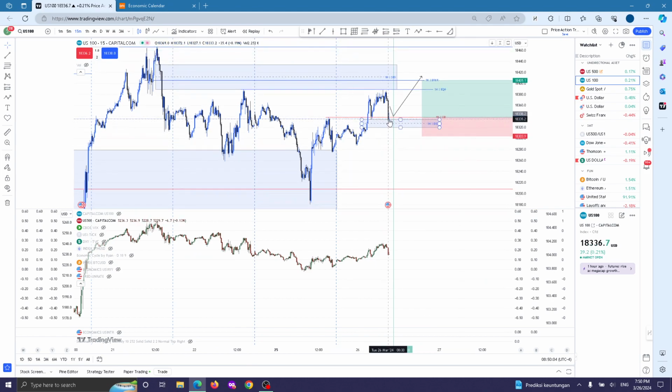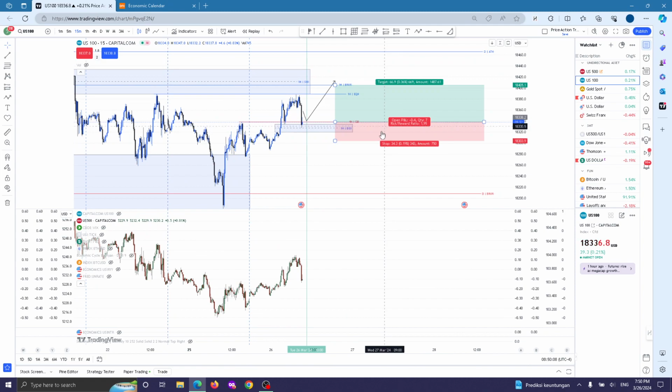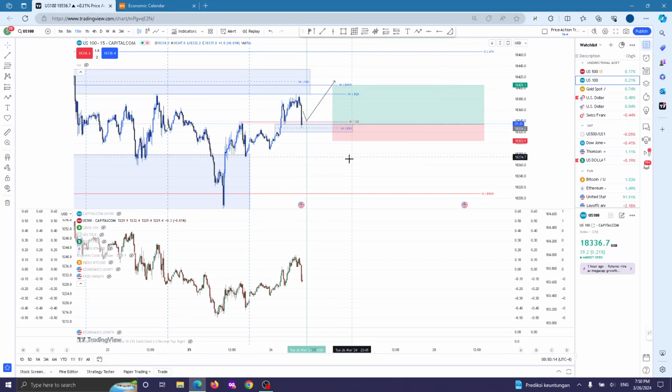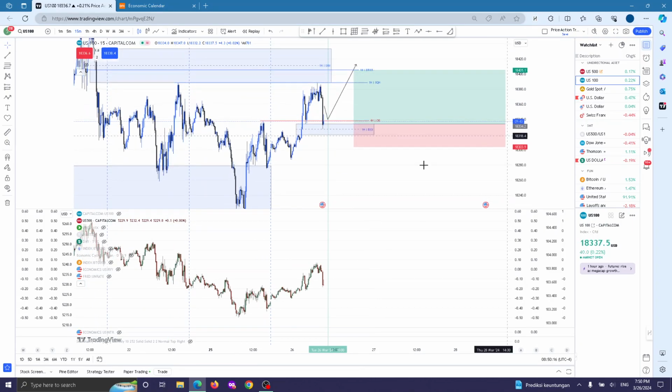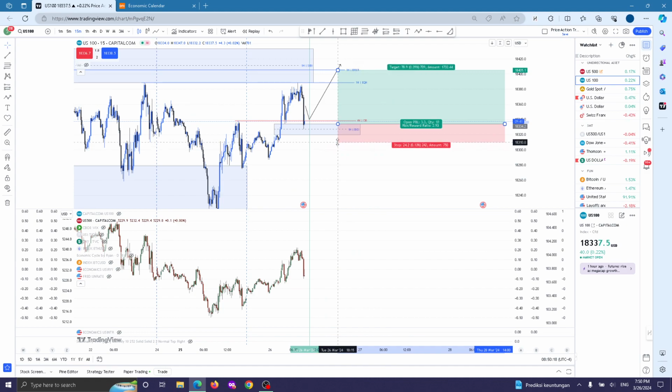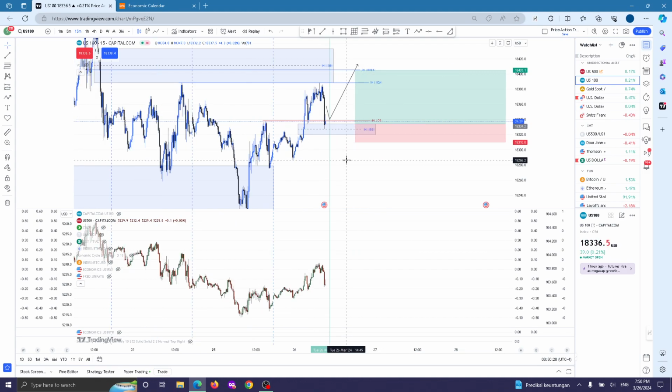If I were to play on OTE, I would enter right here. This overblock. Stop loss will be at this low for 3 to 1.